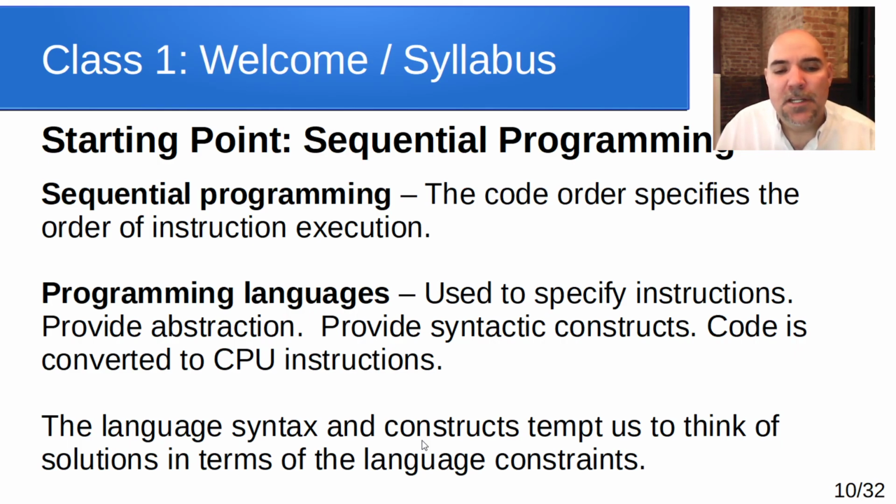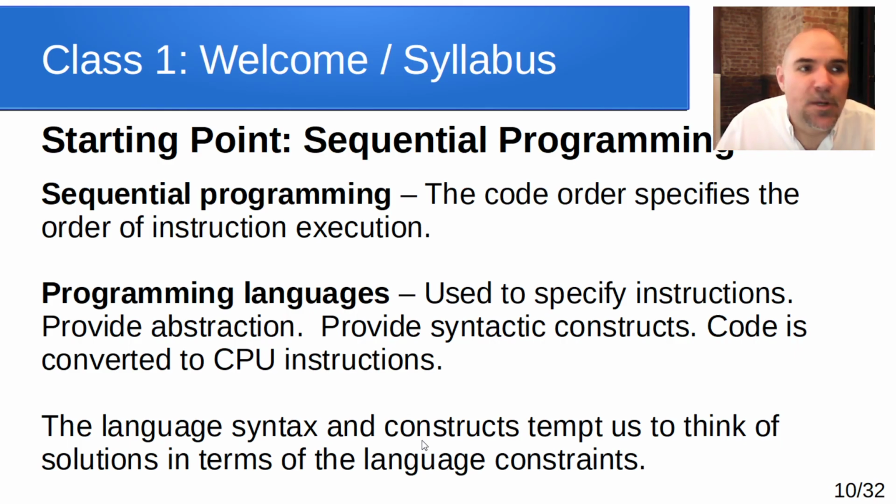And the syntax of the language and the constructs that the language embodies or allows tempt us to think of solutions to problems in terms of the constraints that language offers. So for example, if you have a language that doesn't have pointers, you'll probably tend to think about how to solve problems differently than if you have a language like C or C++ that have pointers. There's just a different way to go about solving problems based on the way the language was designed.